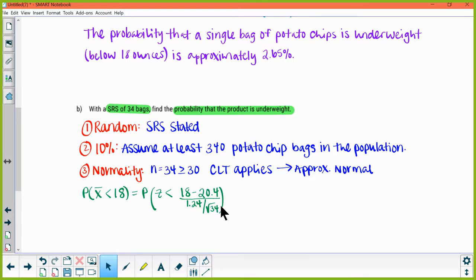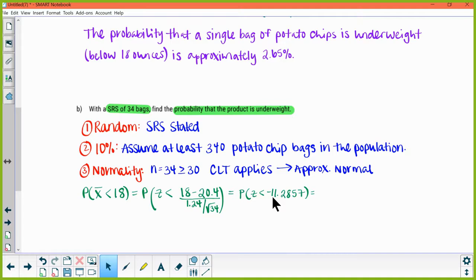So those fraction bars help you immensely. Once I plug all of this into my calculator, I'm going to get the probability that z is less than negative 11.2857.